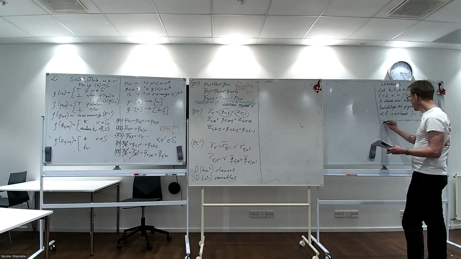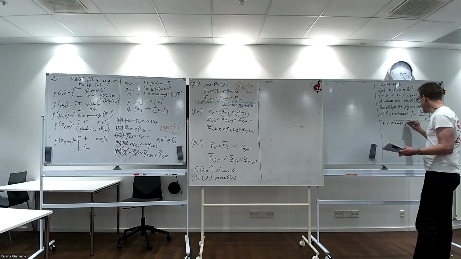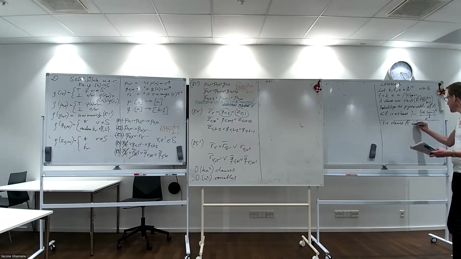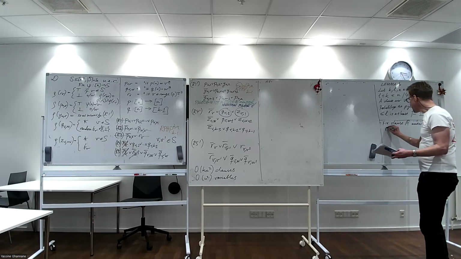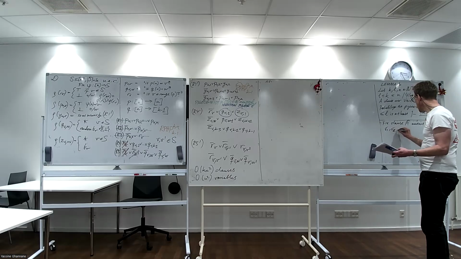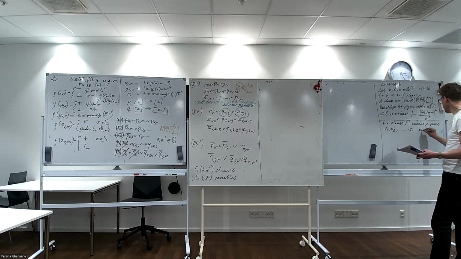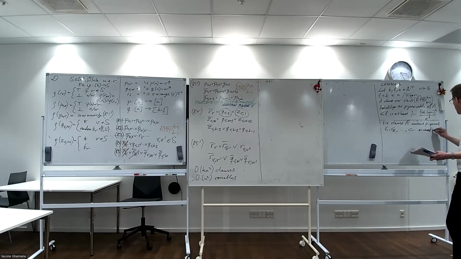So for simplicity, let's agree that A is a clause, but it could be a monomial. It would be exactly the same. Let's say that A mentions pigeons V1, V2, up to VR, as witnessed by literals.